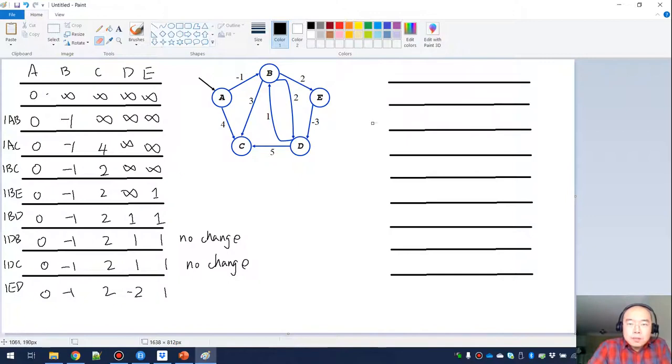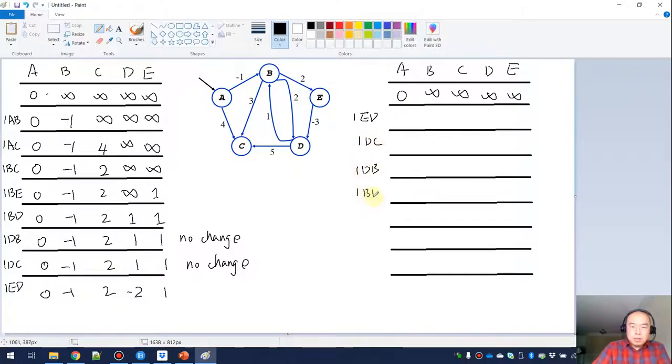Let me erase that. And then I want to do that in the reverse order. So I want to do that with, okay, let me do A, B, C, D, E, and then the first pass is the same thing, and I want to just copy that, and after that I want to do 1ED, and then 1DC, 1DB, and 1BD, 1BE, and then 1BC, 1AC, and eventually 1AB.